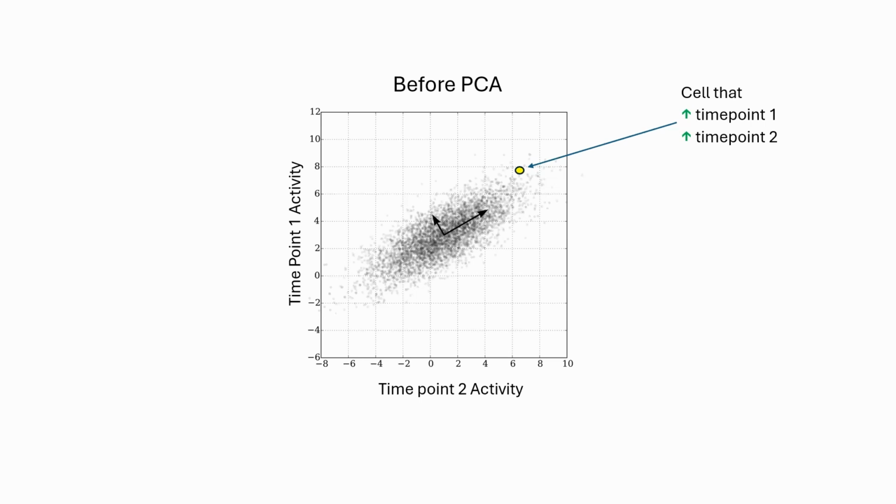So that's the underlying assumption when we're doing the clustering in this space. Our axes are the time points, and where data points are in space dictates how active they are at the different time points.